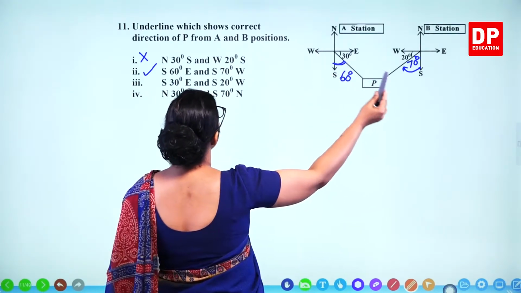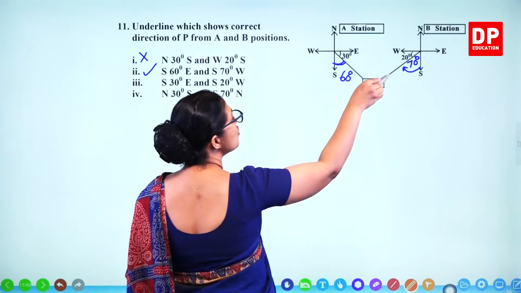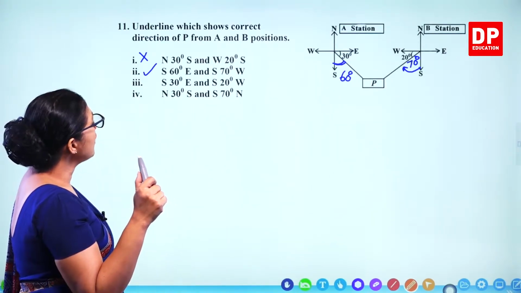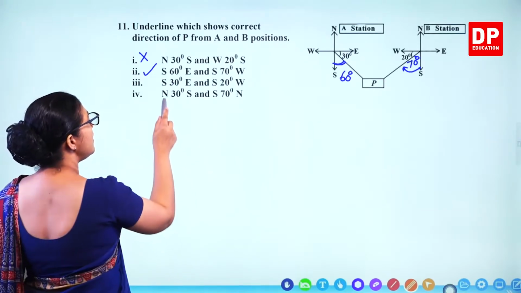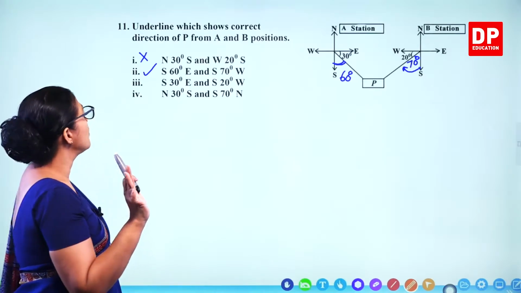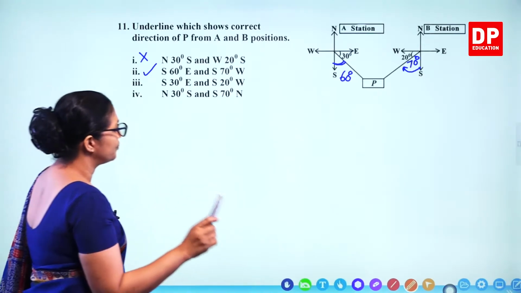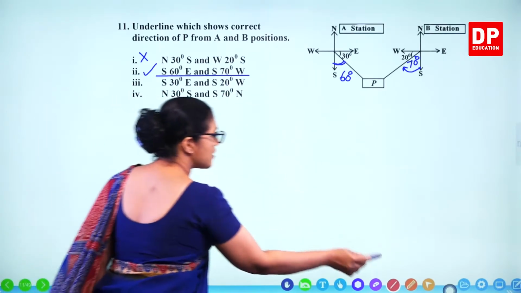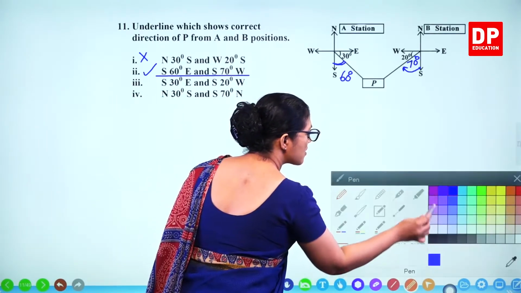That's wrong. And south 20 west is wrong. So other way round. And north 30 south, definitely it's wrong. And south north, we don't write like that. So the answer is 2. So you can underline that. This is the correct answer. So 2 marks you are getting.